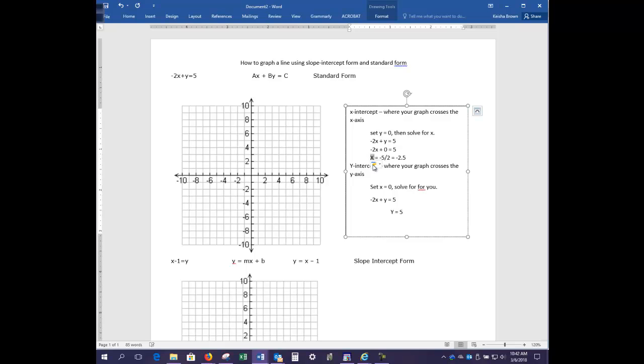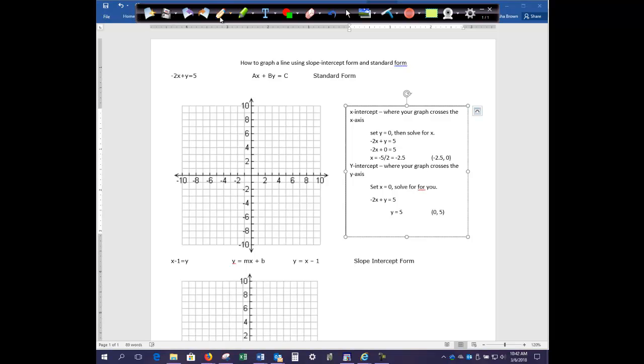Sometimes you can see your intercepts written as ordered pairs. Here we made x 0, and the y we solved for was 5. In this particular problem, our x was negative 2.5, and our y we set to 0. To graph these, you would plot your points.